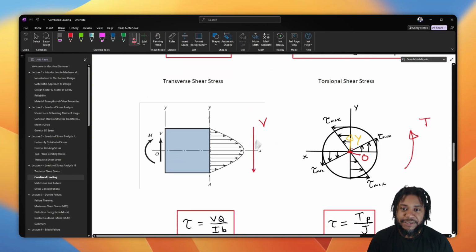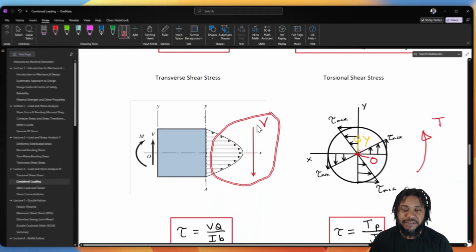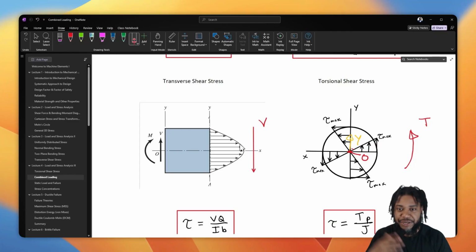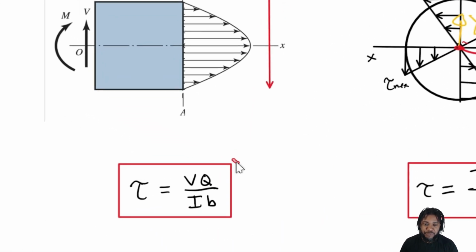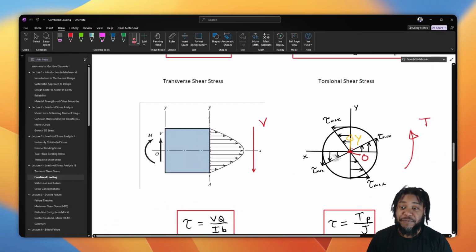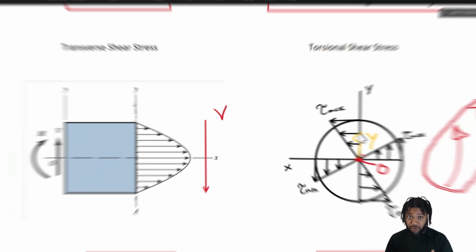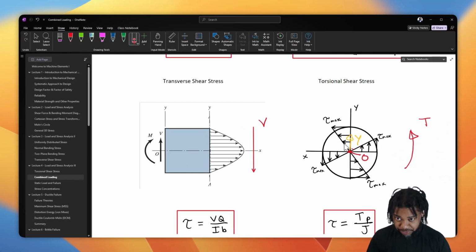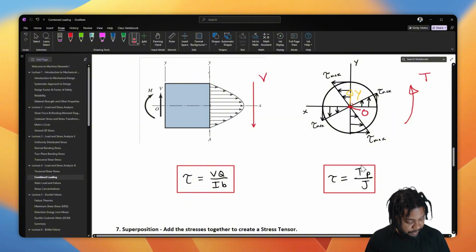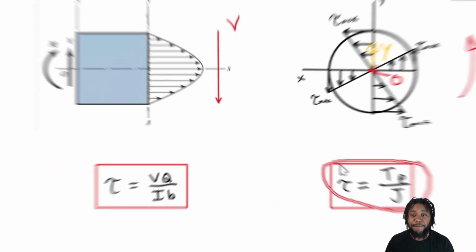If our body is subject to just a general shear force that is not pure shear, like say a shear force at the end of a beam, then we'll have to calculate the transverse shear stress. And if our body is subjected to a torque that causes a twisting motion, then we'll need to calculate our torsional shear stress, right?